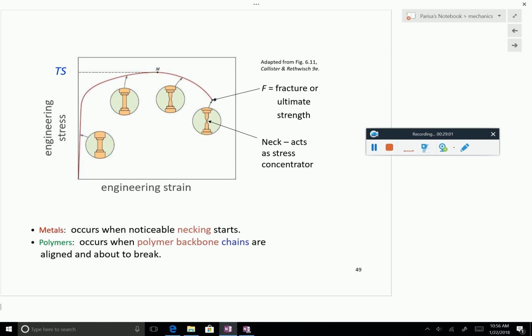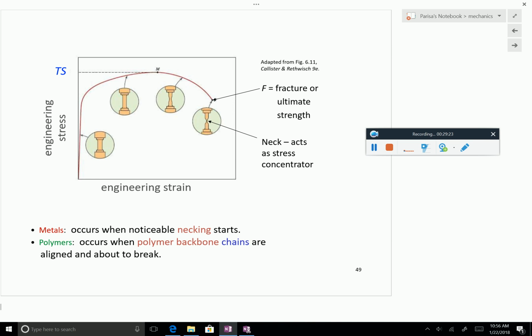Now this comparison between metals and polymers, you kind of saw how different the failure mechanism was. Here we had a lot of necking, and here at some point you started to see these chains coming out, and then you had failure.